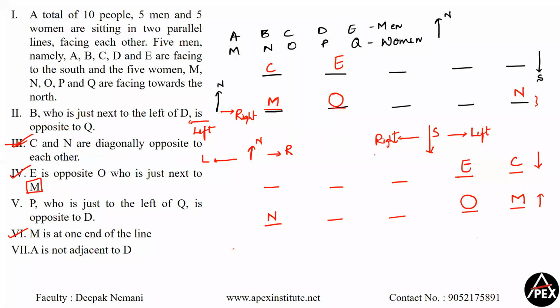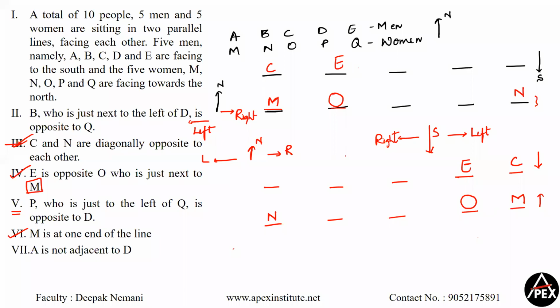Now which statement should I consider? 2 and 5. Yeah, if and is given, it refers to the first person. Now I will be considering 5 because we have the places of N, O, and M. So who are the only two females left?